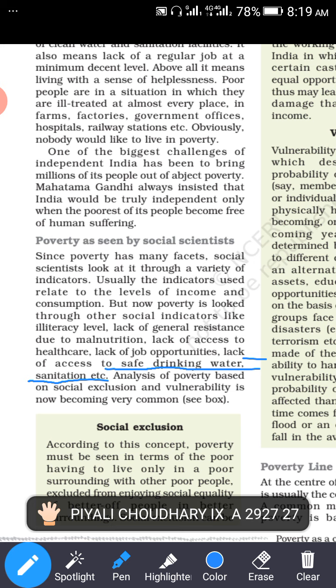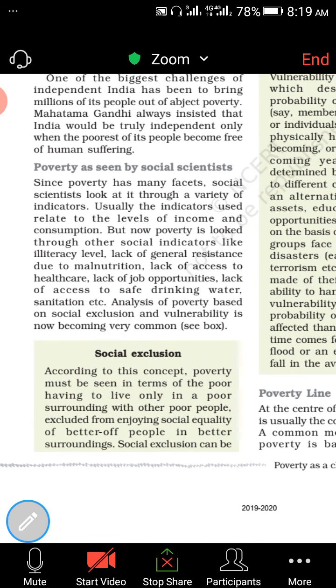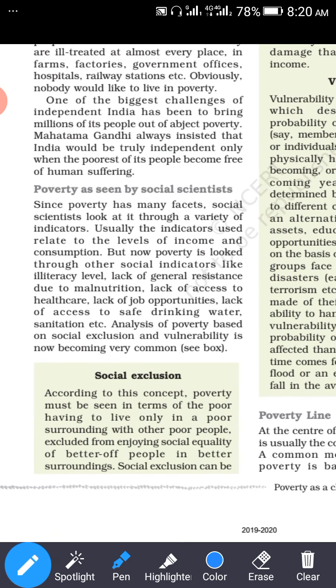Analysis of poverty based on social exclusion and vulnerability is now becoming very common, and we are all seeing this in our society. The social exclusion concept says that the poor have to live only in poor surroundings with other poor people, without enjoying the social equality of better-off people in better surroundings.